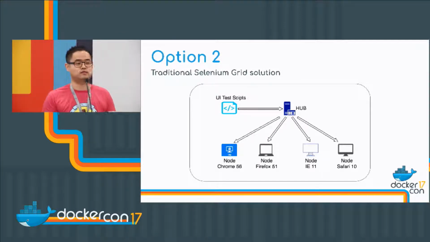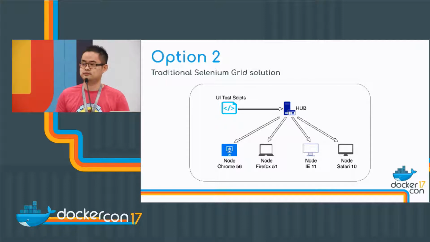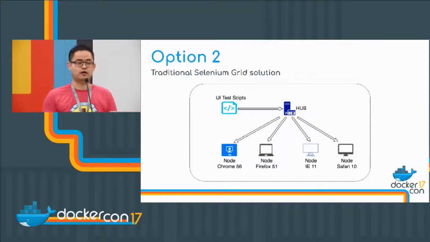I could have built a small grid, and it would work nicely for a while. But my worry is, it could get messy if I want to scale them up for supporting additional browsers or start heavy parallel testing. I would have to buy more and more machines or create more virtual images.